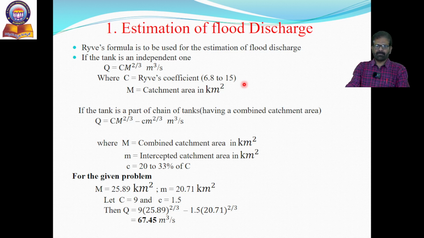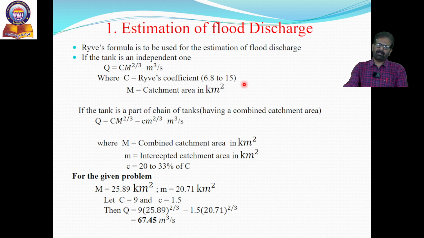So here we have 2 cases. The tank for which the surplus weir has to be designed may come under any one of these 2 cases. First case is if the tank is an independent one. Independent means it has its own catchment area. That particular tank is called an independent tank.